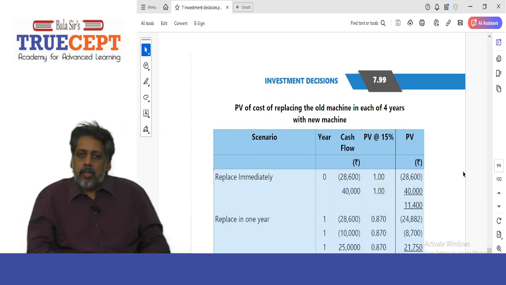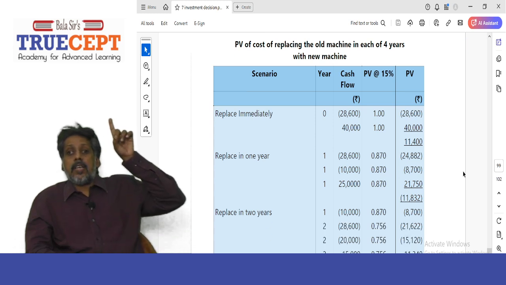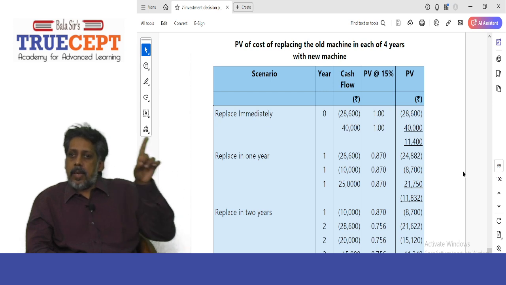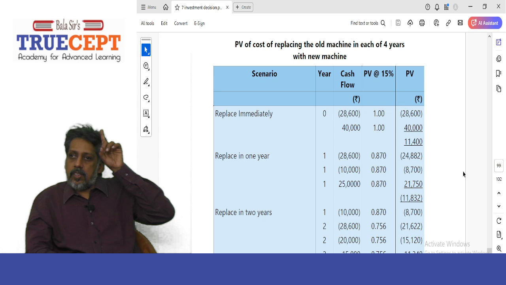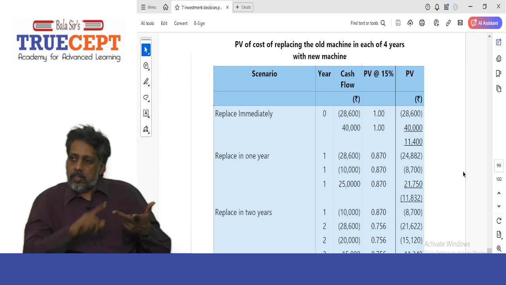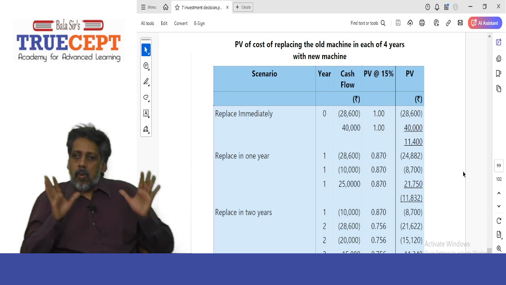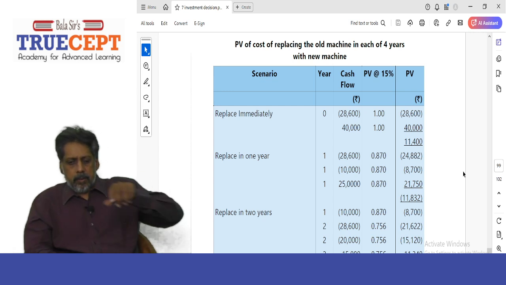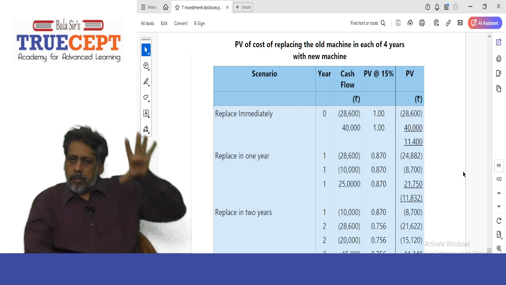Now we shall proceed with the solution. What is your cash flow in case you decide to replace the existing machine? Immediately you're going to throw the existing machine and buy the new machine. What are your cash flows? Tell me, what is the maintenance cost?